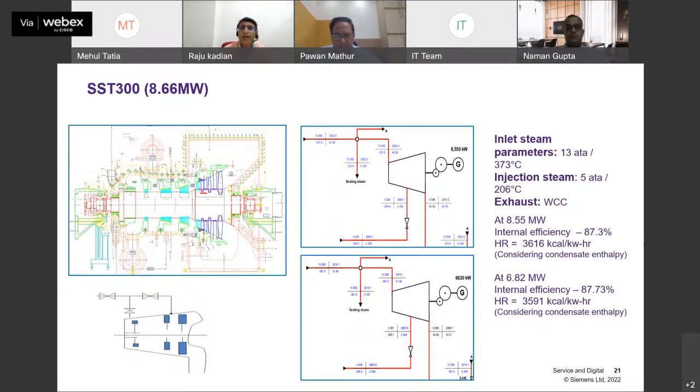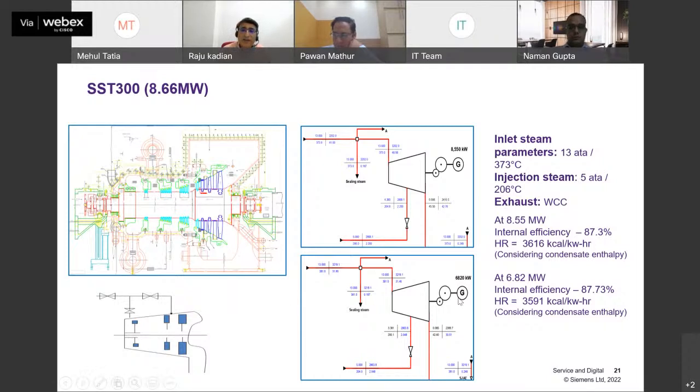You can see that at 8.55 megawatt, that is the full load, the internal efficiency is 87.3%. And at around 80% load, which is 6.82, it has almost the same efficiency. So by using the bypass method, it may be an inner bypass after 1 GBC or a second bypass, we can achieve part load efficiencies.